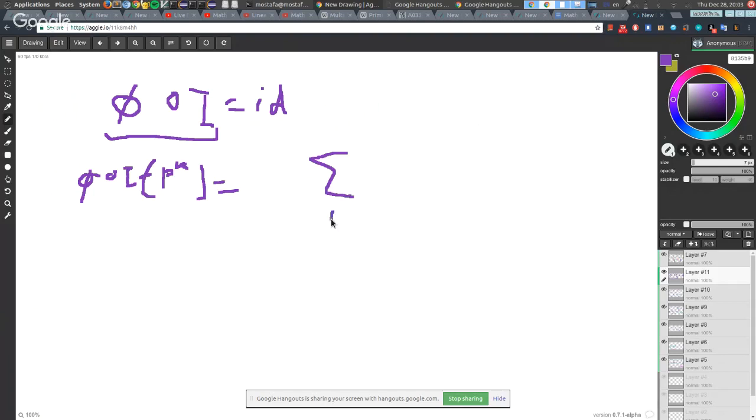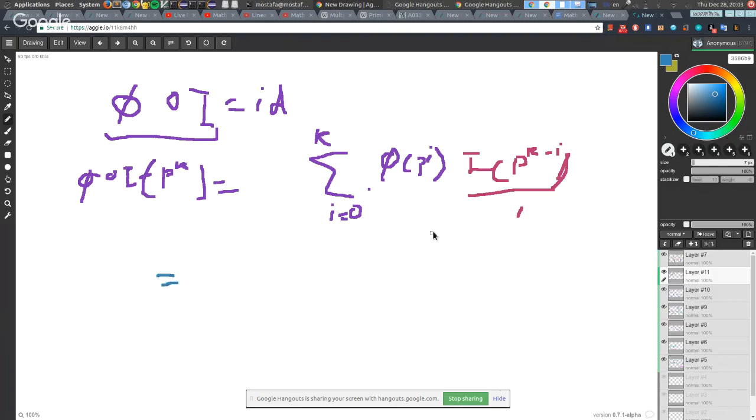So this will be the summation over all the exponents p to the power i, times the I of p to the k minus i, but this is equal to 1.